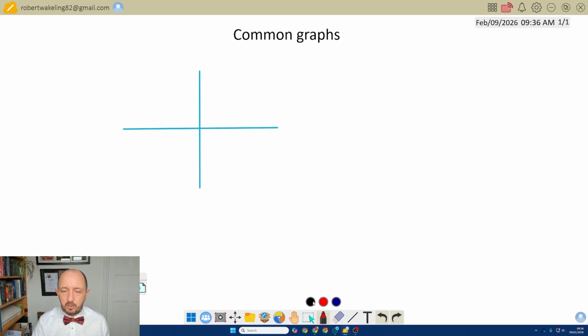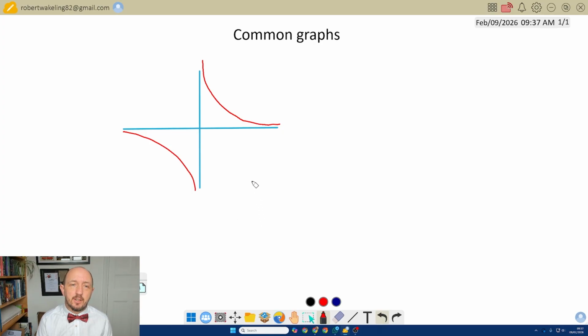Okay, next one we need is 1 over x. It gets closer and closer and closer to the axes, but it never touches. Okay, so it's getting closer to the y and closer to the x, and the same down here.